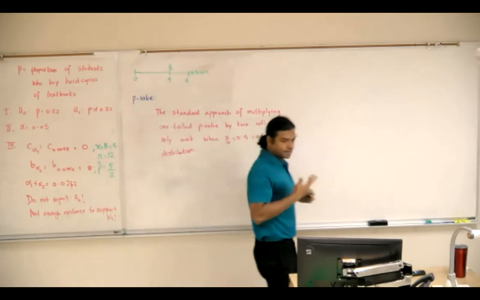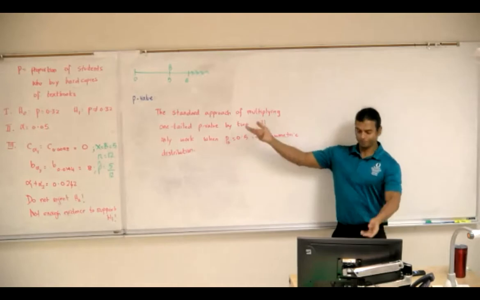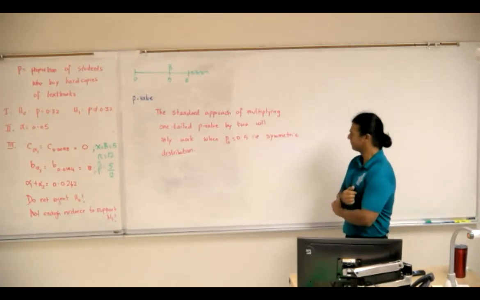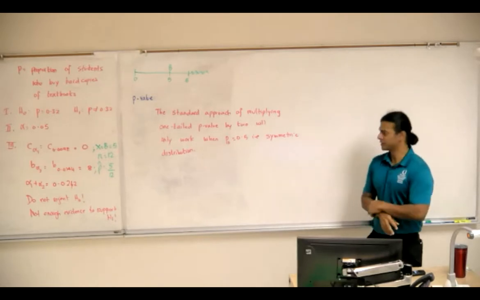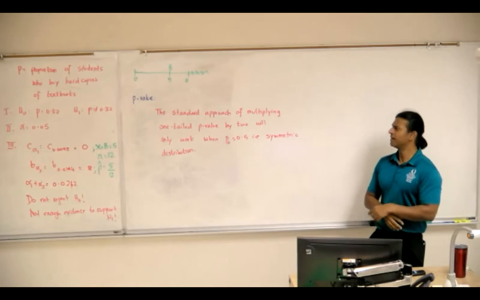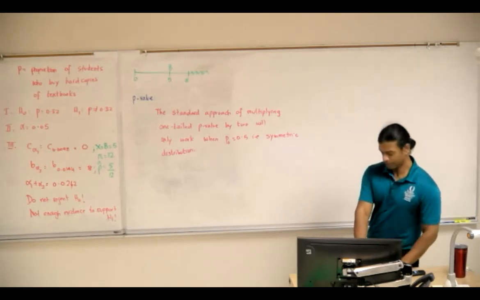So the only time we can use that trick or approach is when P0 is equal to 0.5. In other words, the distribution has to be symmetric. I'll show that using R as to what we're talking about.